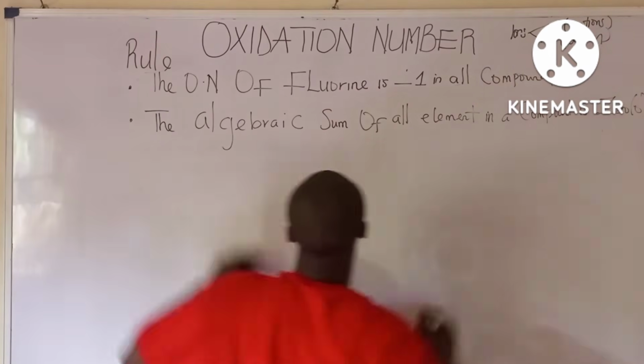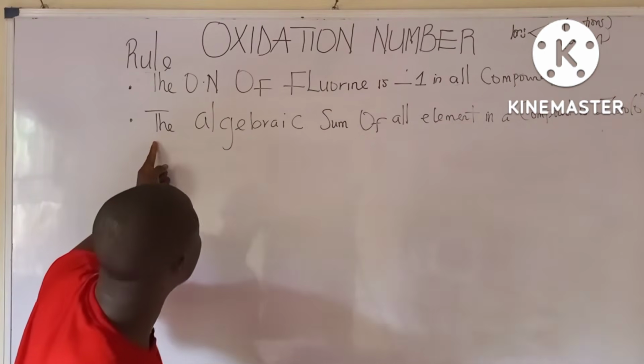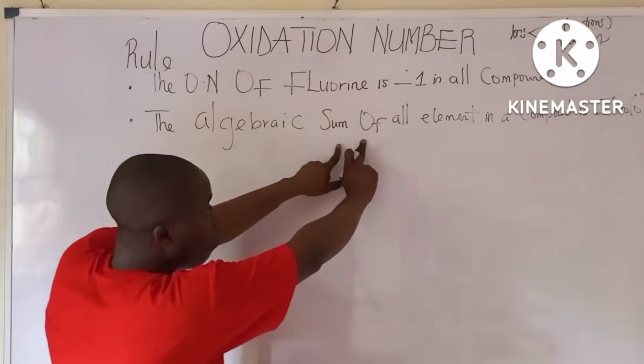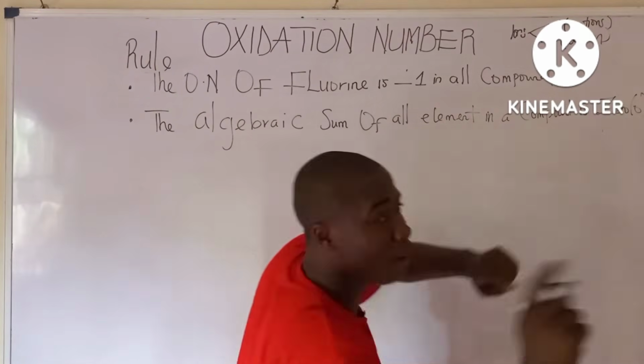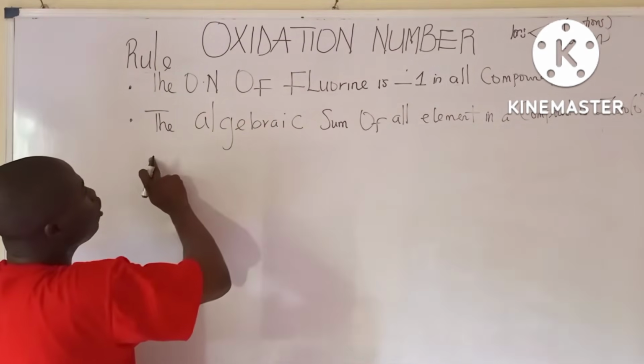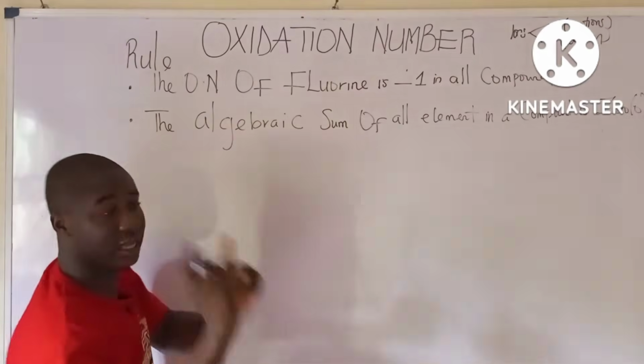So what am I trying to say? It means that the oxidation number of the algebraic sum of all elements in a given compound is 0.